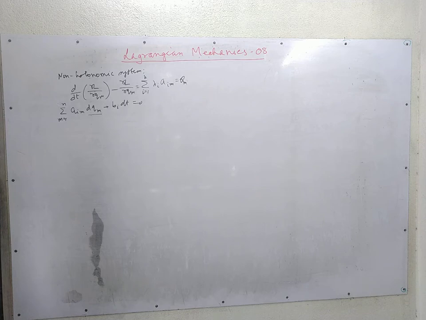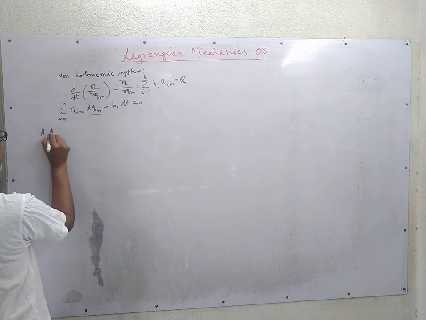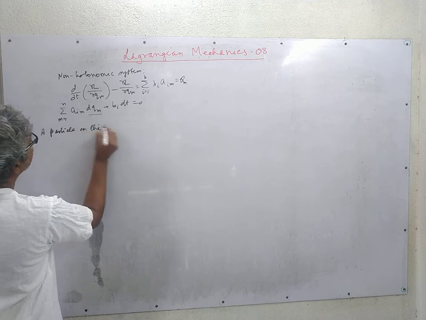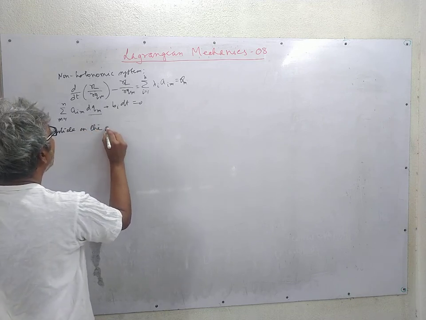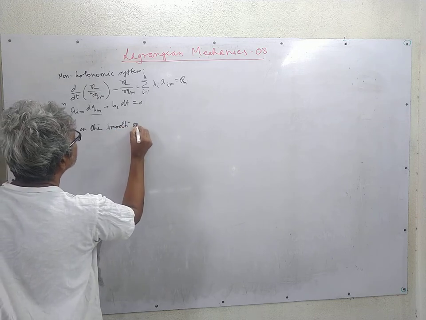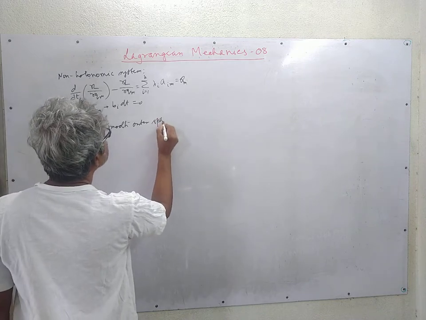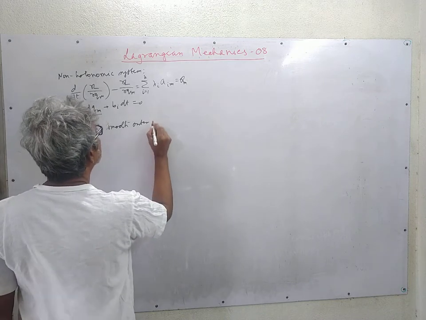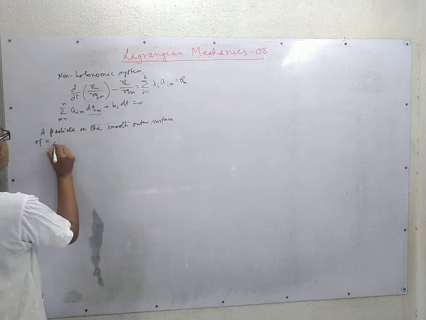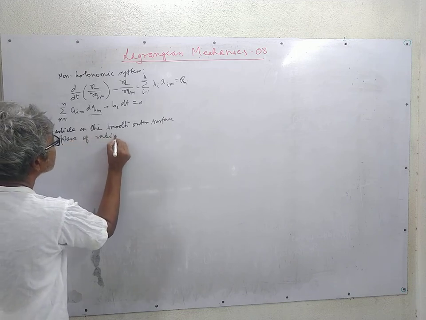Today we consider a particle as the next example: a particle on the smooth outer surface of a sphere of radius a.